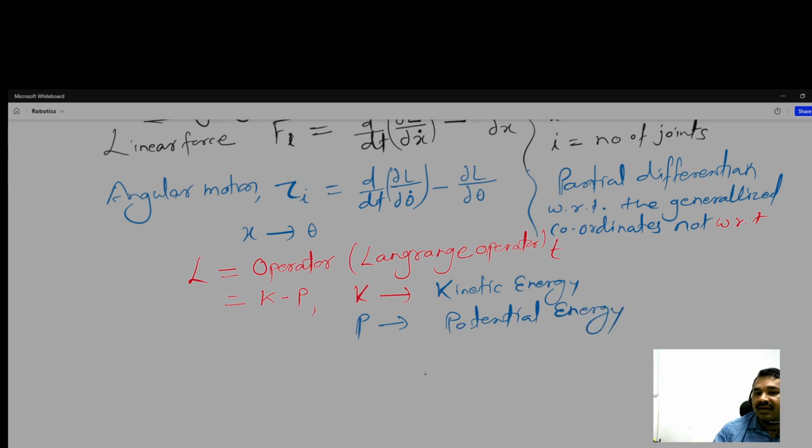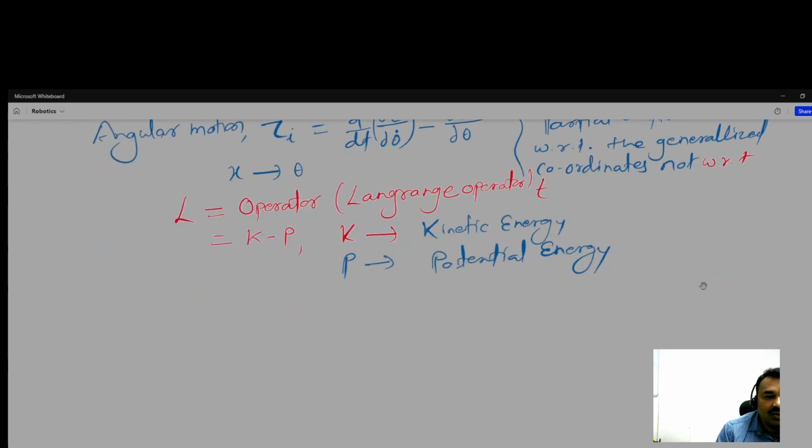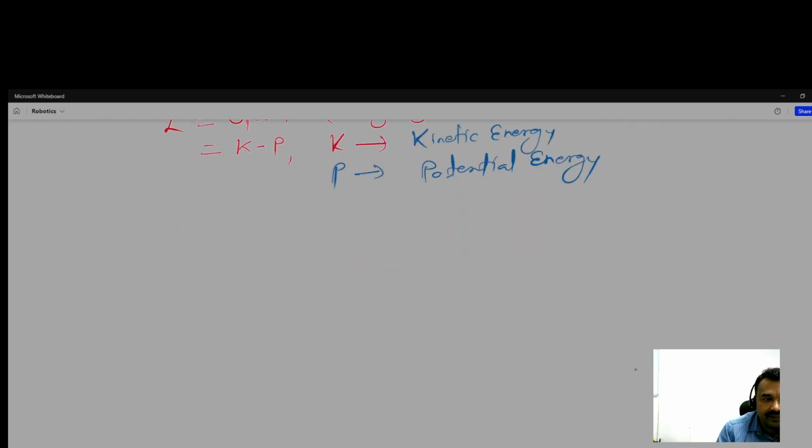Okay, so what is the step? When you are going to solve, let us take an example like this. We have drawn theta here, L1 here, and it is tau, and it is for 1 degree of freedom.